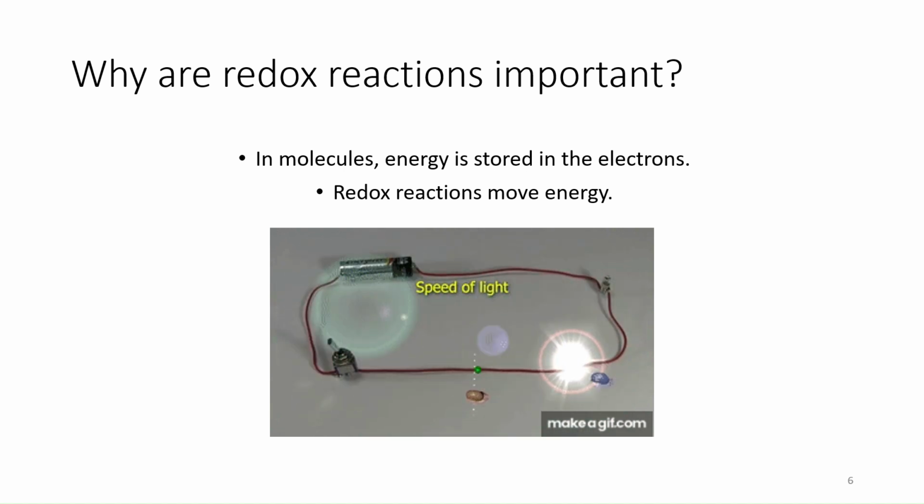And we're familiar with this when it comes to electrons moving through a circuit in our electrical systems, but this is how biological organisms do it as well. So redox reactions move energy around, and that energy can be captured to do work for the cell.